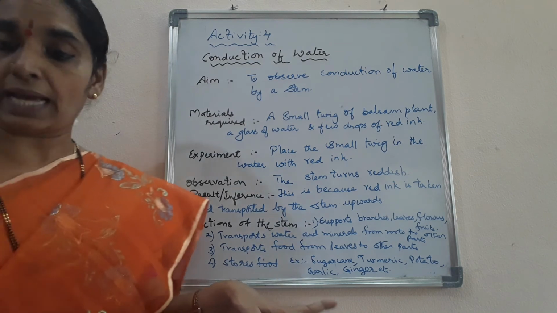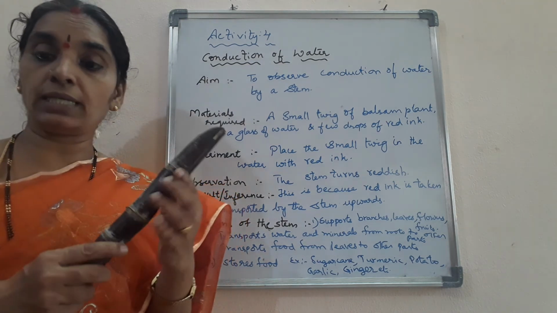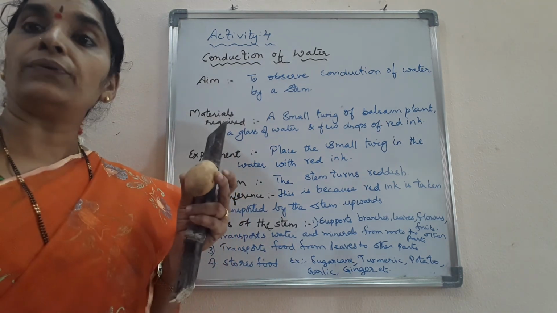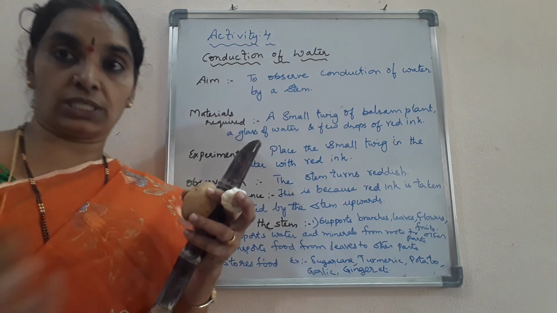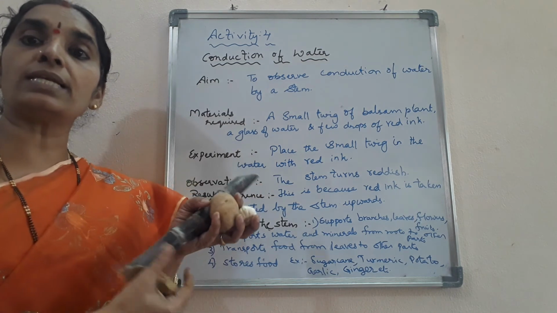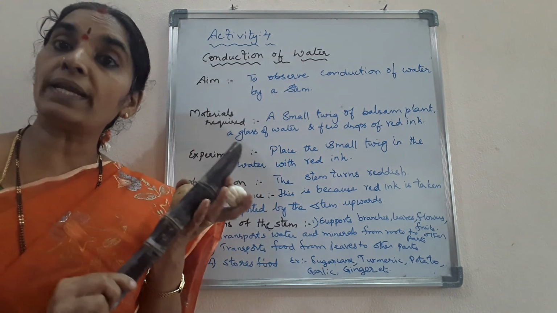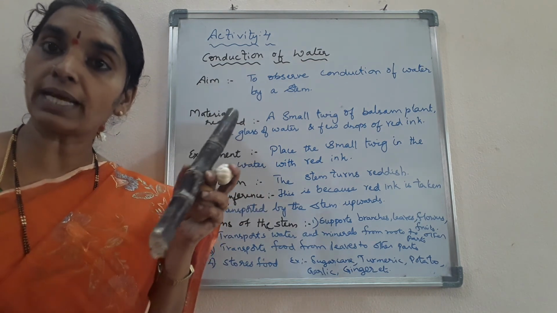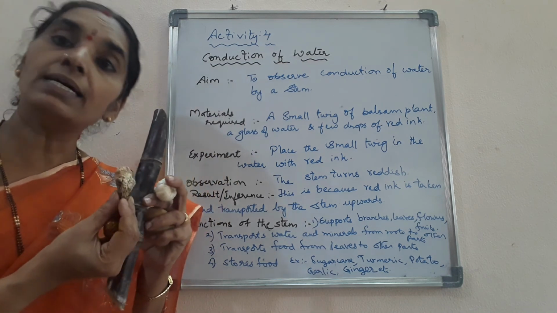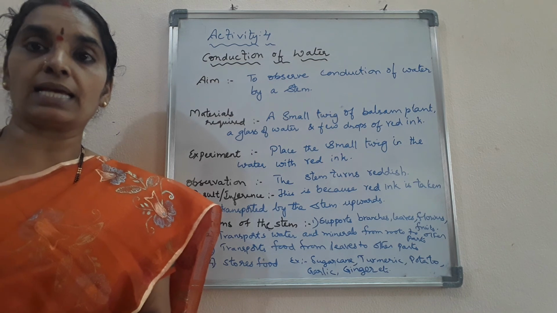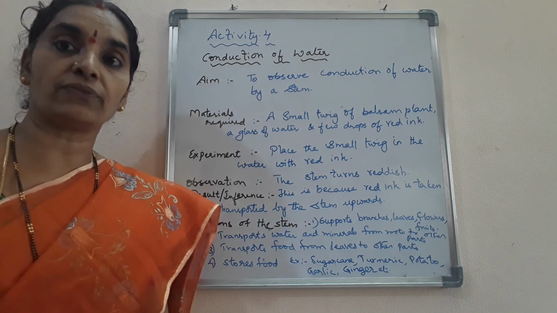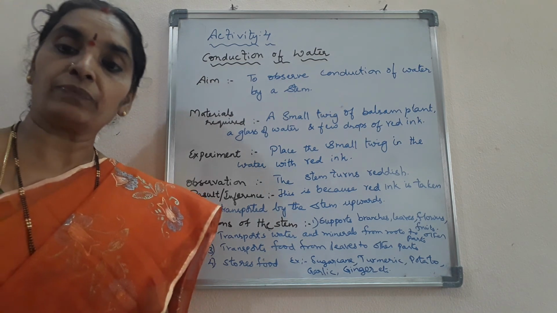It stores the food, as in the case of sugarcane, potato, garlic, turmeric and ginger. Okay children, so these are all tuberous stems. What are they called? They are tuberous stems. Okay children, note down these points, and in the next class we'll see about the functions of the leaves. Okay, thank you.